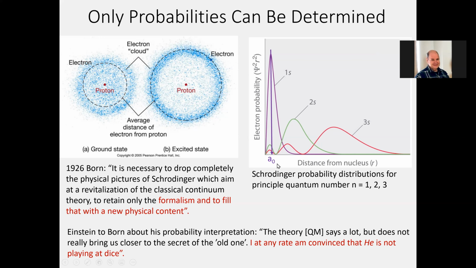Son of a gun, if it wasn't exactly the Bohr radius, if it wasn't that A0 number that Bohr had predicted 10 years before as that lowest orbit size for the ground state. That orbit is gone, but yet that number survives as the place where you'll be most likely to find the hydrogen electron when it's in the lowest state. Okay.